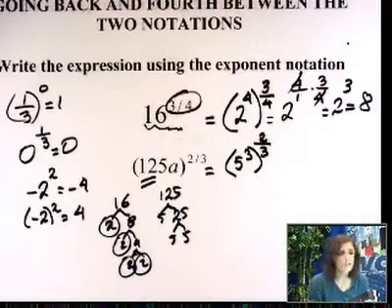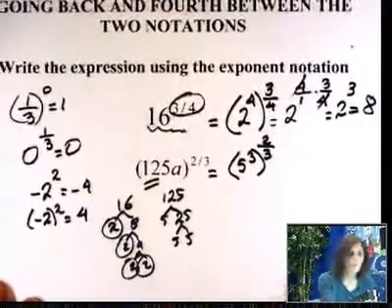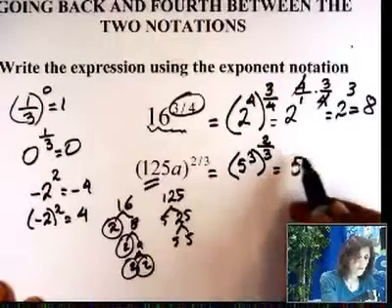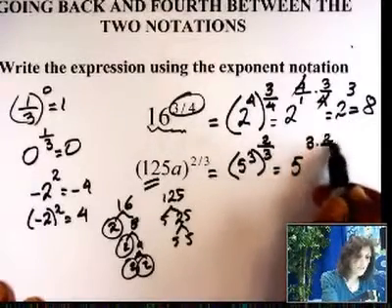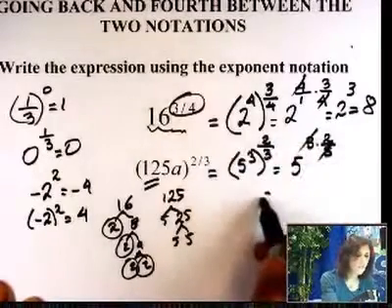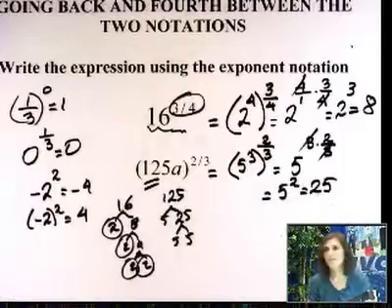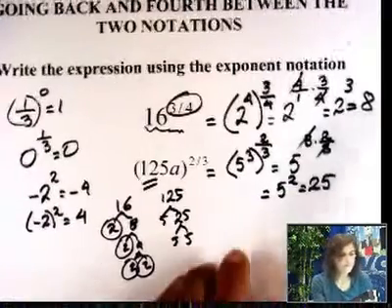All right, you have an exponent of an exponent. How do you handle an exponent of an exponent? You multiply them. What is 3 times 2/3? The 3's will go. You'll have 5 squared, which is 25. Do you see it? Very good.